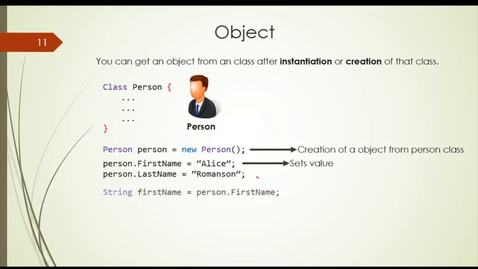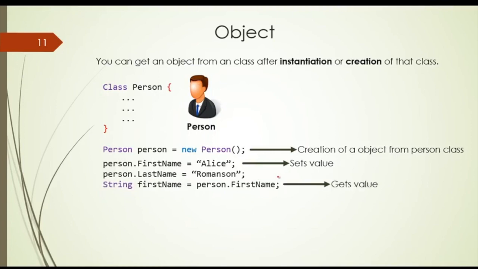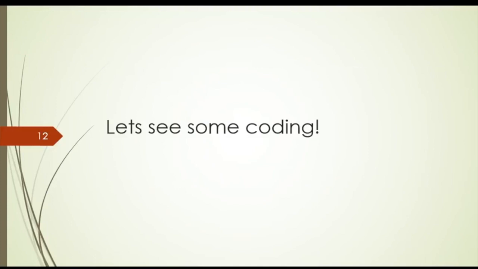And last name Roman San, this is how I set values. And how you get the values, it's very simple. It's like setting the values, but taking it into another variable. That's how you get the value. That's it. Now let's see some coding.